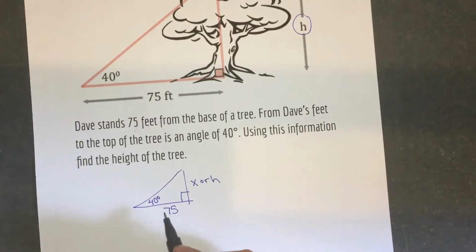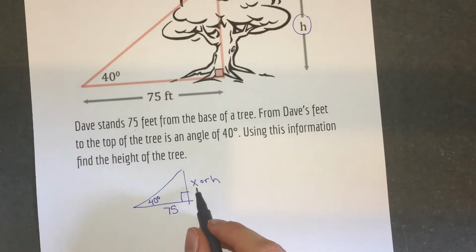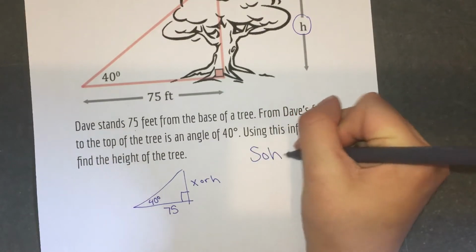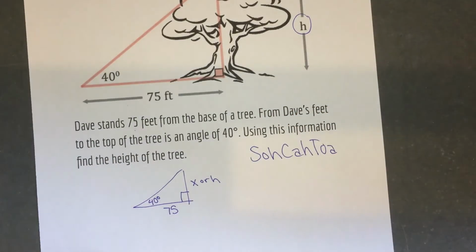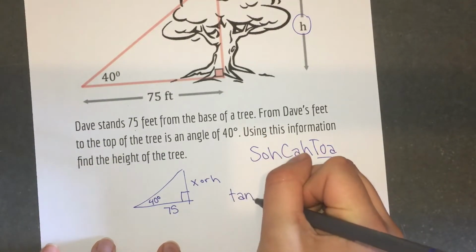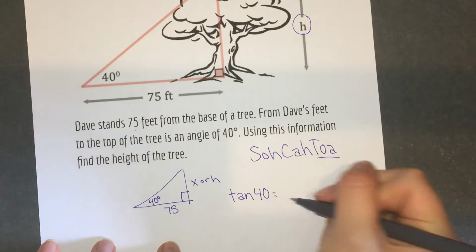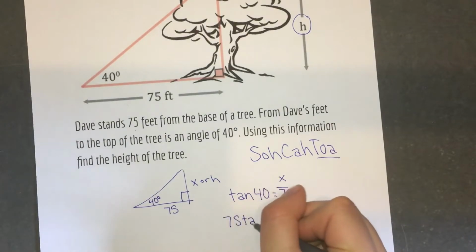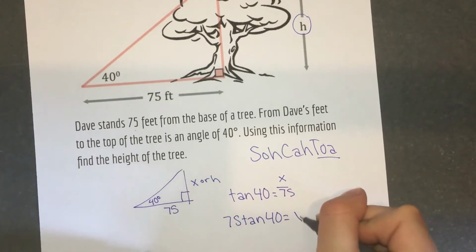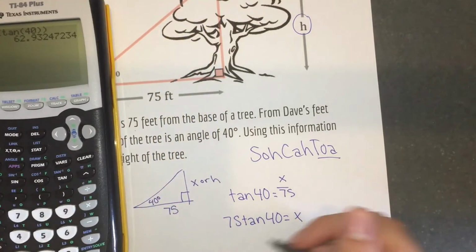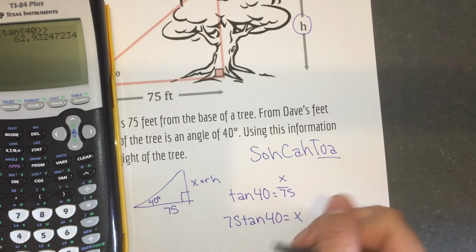So we have a side that is opposite and adjacent to the angle. So what would it be? It would be tangent. So we have tan of 40 equals X over 75. 75 times tan of 40 equals X. 75 times tan of 40 equals about 62.93.